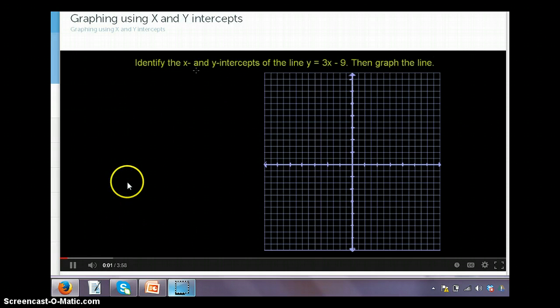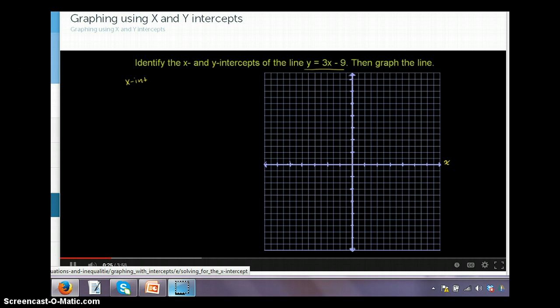Identify the x and y intercepts of the line y is equal to 3x minus 9. Then graph the line. So the x-intercept, I'll abbreviate it as x-int, is where the line intersects the x-axis. Remember, this horizontal axis is the x-axis. So when something intersects the x-axis, what do we know about its coordinate?